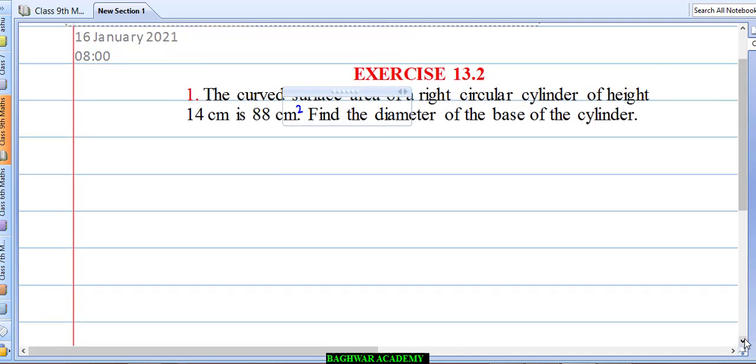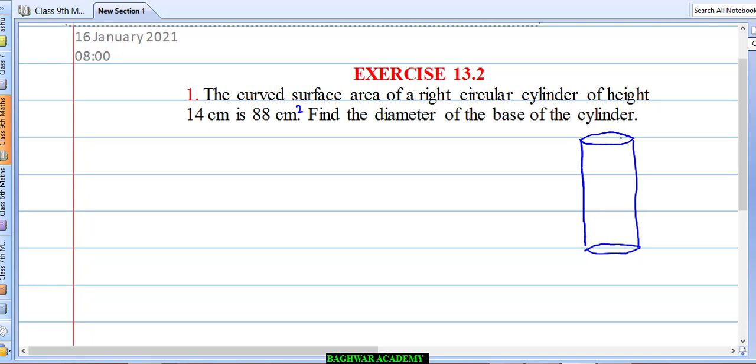First, try to make a figure as it has been given. Suppose this is a cylinder, in this way. This is the base. In this way we need to draw it properly. And see what has been given.